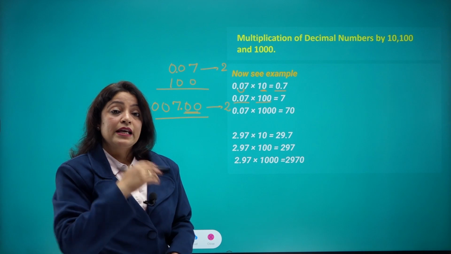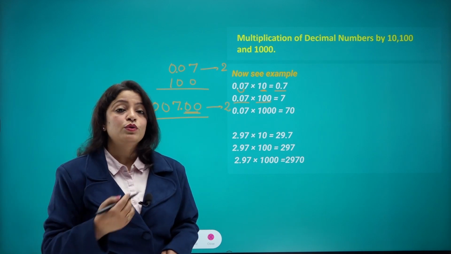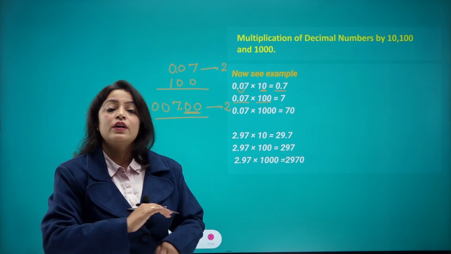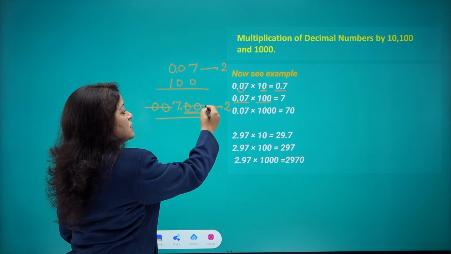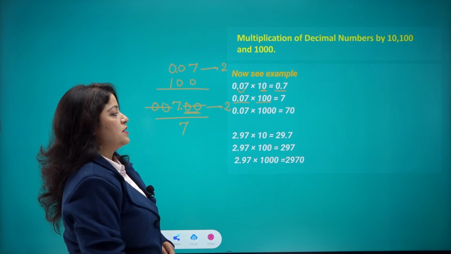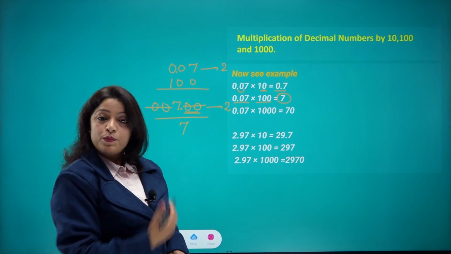And you know, the zeros which are written to the extreme left or the extreme right, you can ignore them, right? So irrespective, we can skip this 0, we can skip this 0, we are left with the number 7, and so we get this number 7. This is the whole procedure.